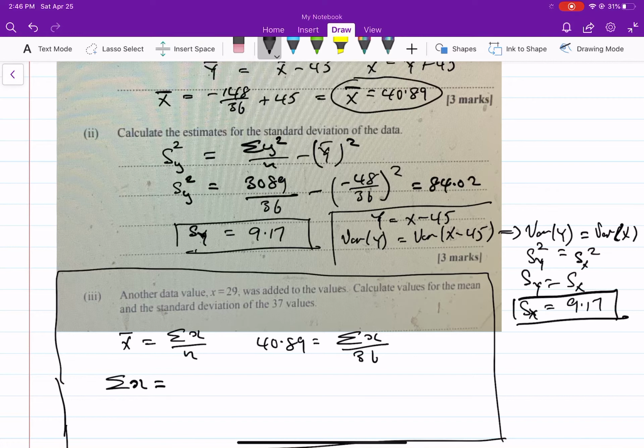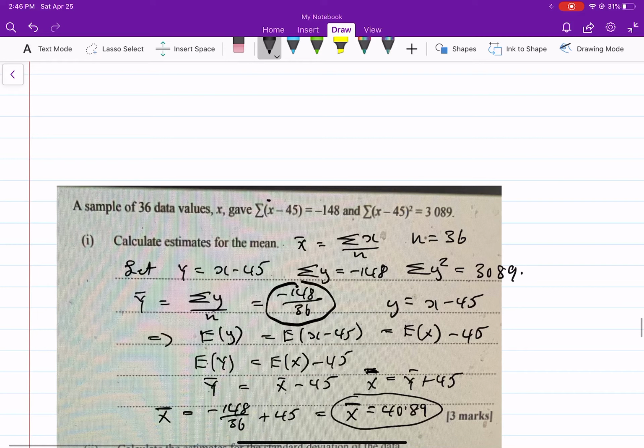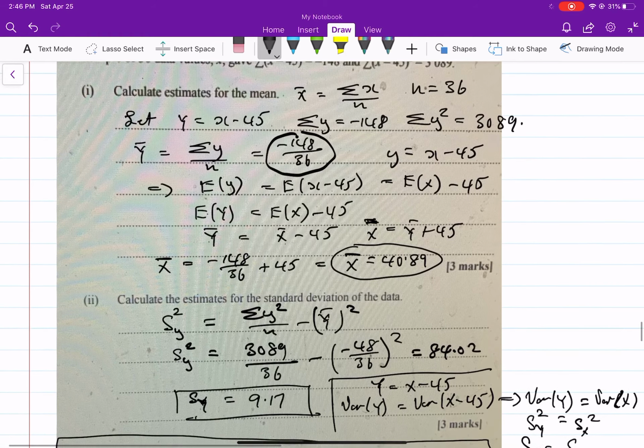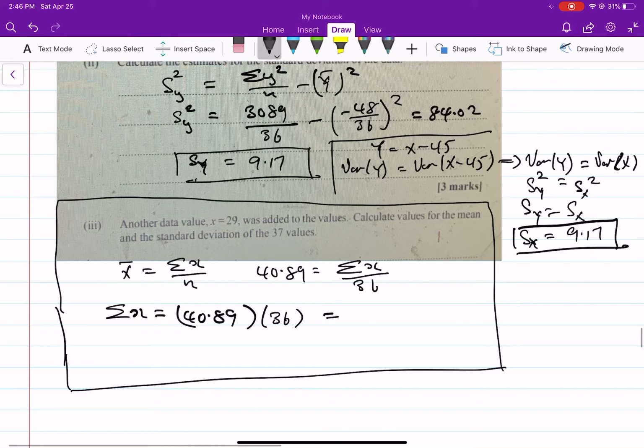Sigma x would be equal to 40.89 times 36. What does this give me? $1472.04. Okay.